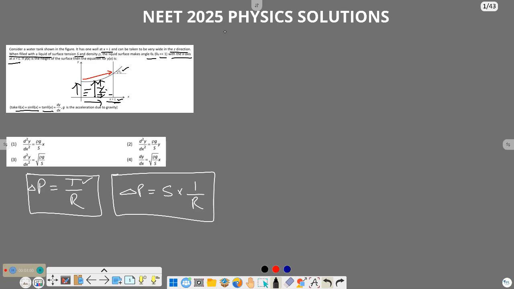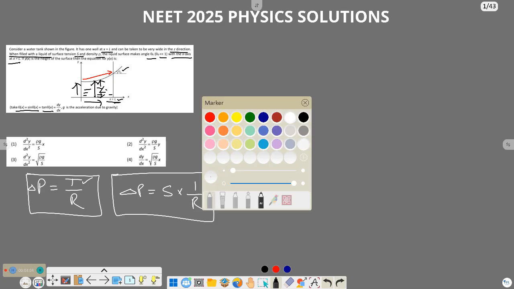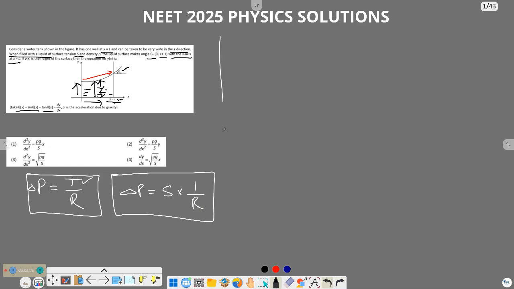What you are observing in this question is that the liquid is rising along the y-axis, along with x. So a curvature is forming.